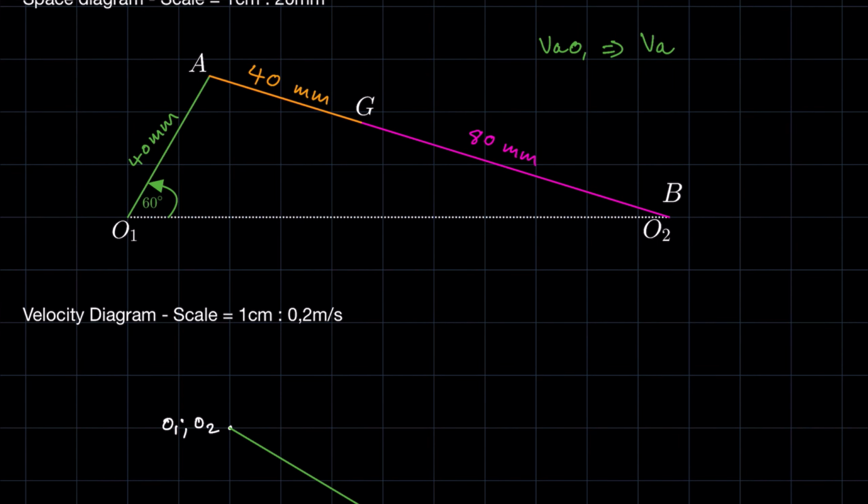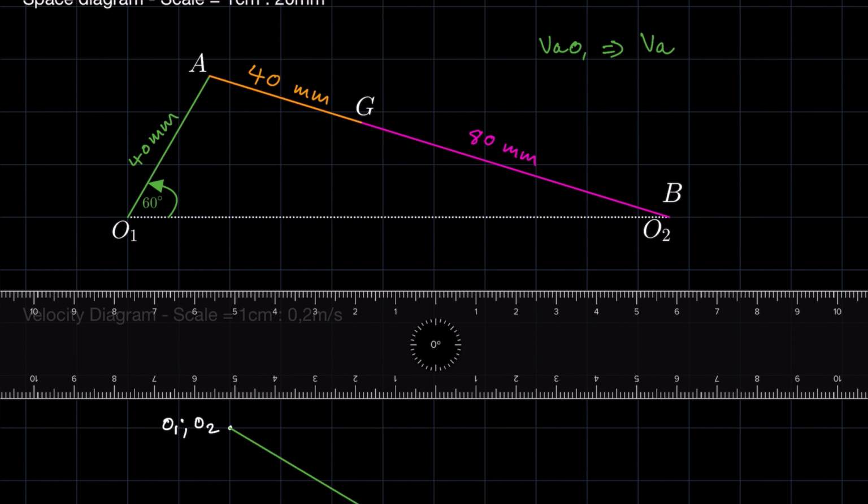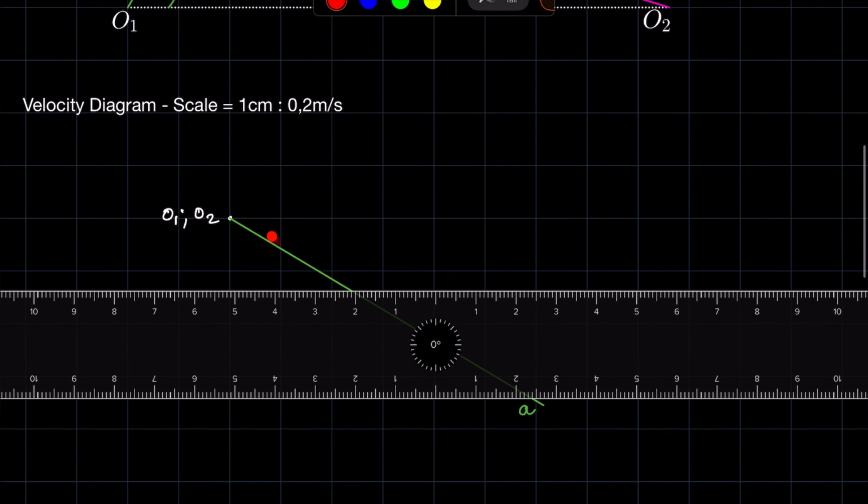Now let's say this is 180 minus 17, say minus 90. So now you're going to do the same thing we did when having to draw the velocity vector for the crank.